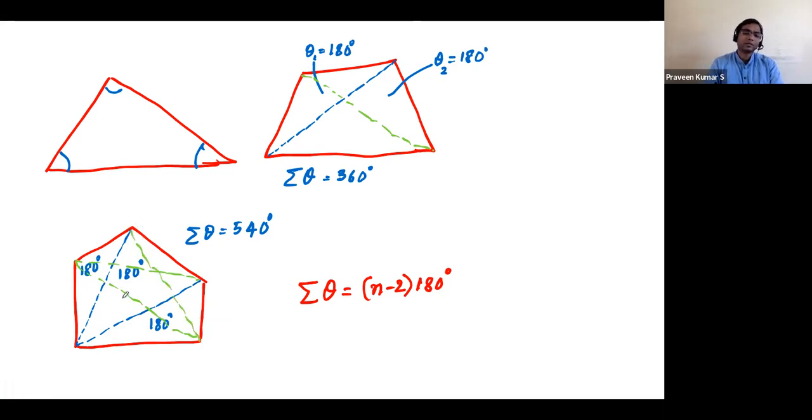How many are there now? 1, 2, 3, 4, 5. Am I right? Yes, sir. Rest all we have anyway counted, correct? So how will you predict how many diagonals there are?